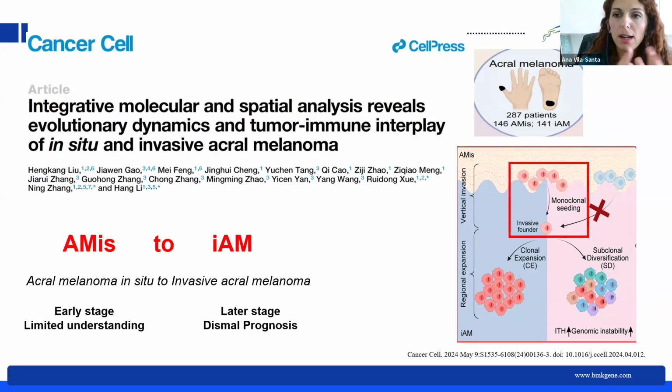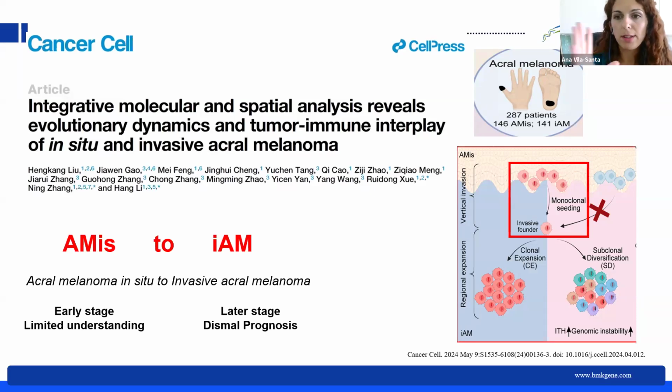So this large cohort analyzed 2 kinds of samples. One was samples that are in early stage, still in situ, and that have limited understanding, so that they haven't been studied that much. And the other kind of sample are the later stage invasive melanoma, and that have very poor prognosis. So this was a multi-omic study.